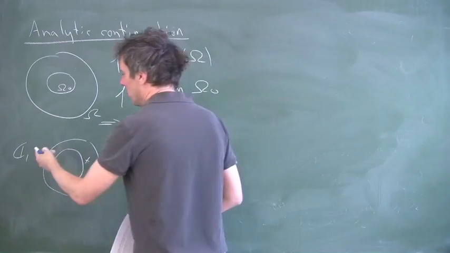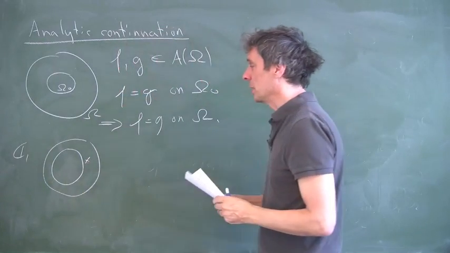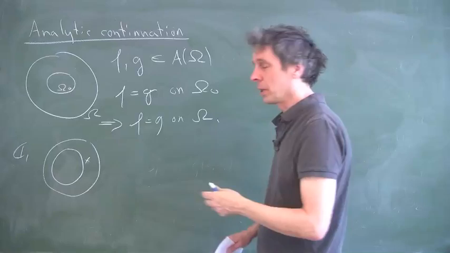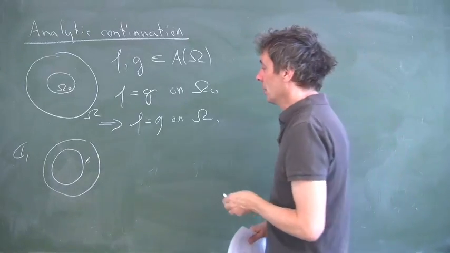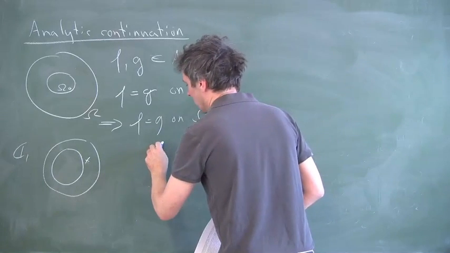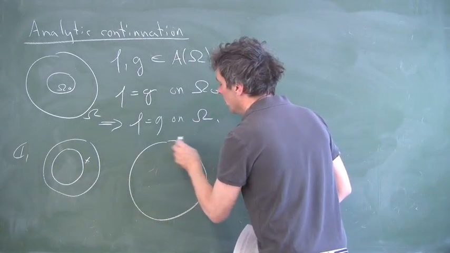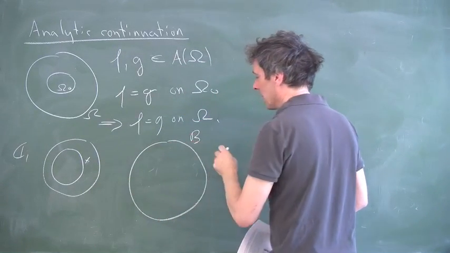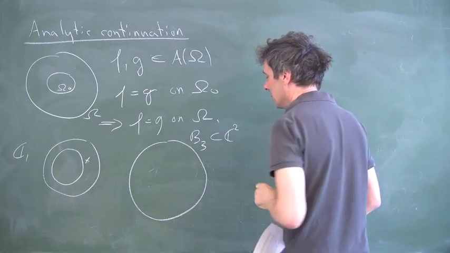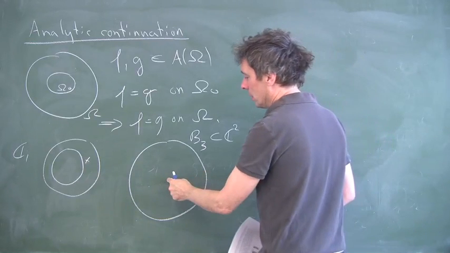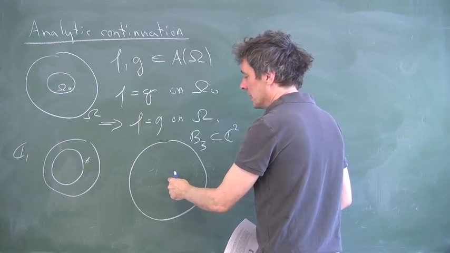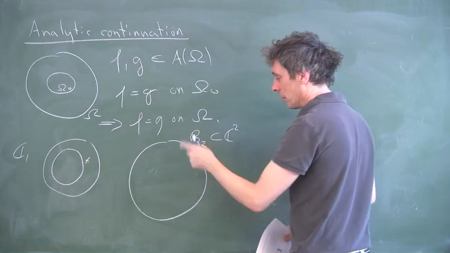But this is very different from the situation in several variables, or in our case in two variables. So let's consider the following example. We have the ball in C2 of radius 3. So this is a set in C2, and it's all the points in C2 with distance less than 3 from the origin.